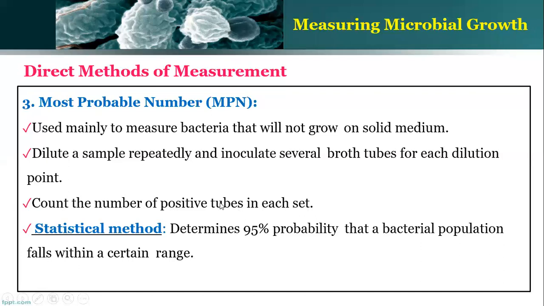The growth of the organism indicates turbidity. Once you have diluted the sample in the broth and incubated, you can identify by measuring the turbidity in which dilution growth is observed and in which it is not. The statistical method for the most probable number method determines a 95% probability that a bacterial population falls within a certain range.